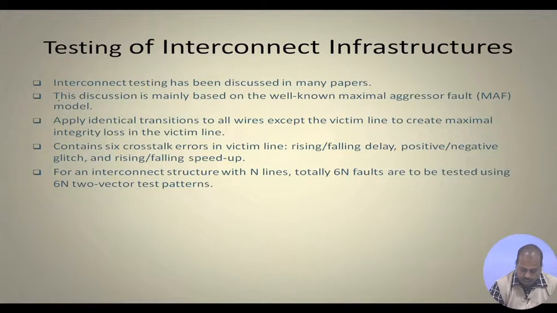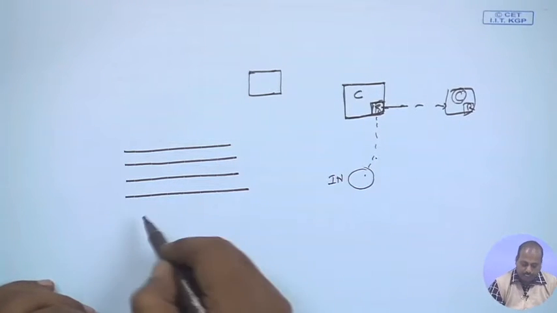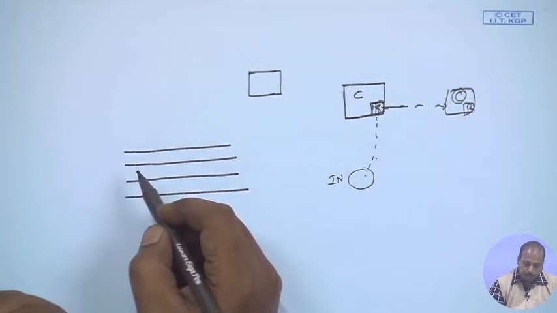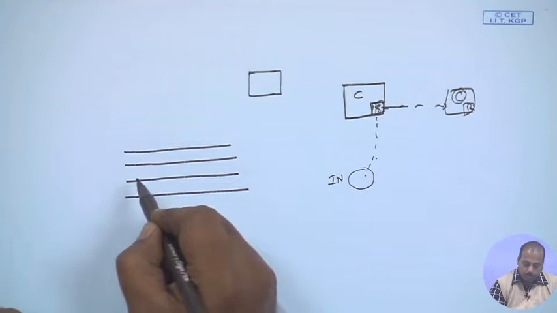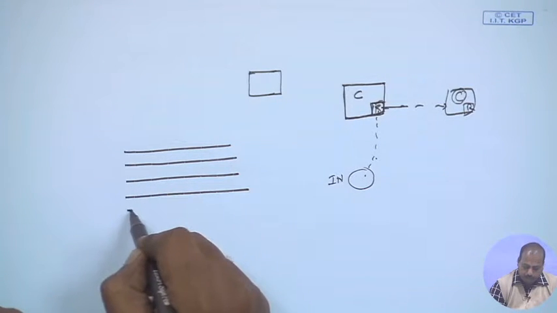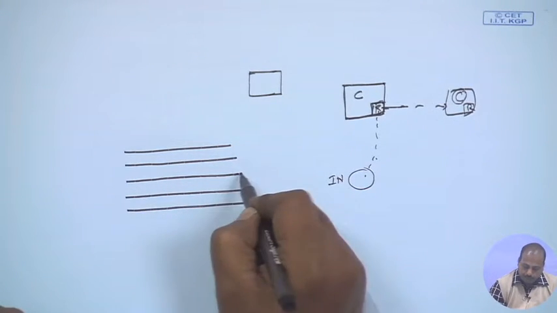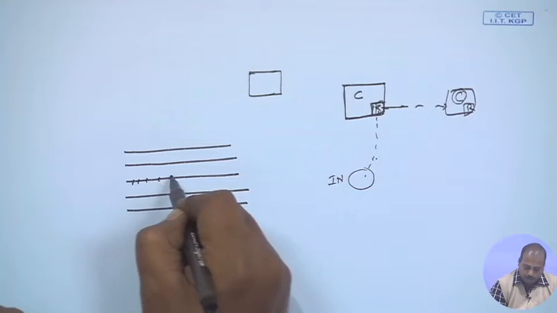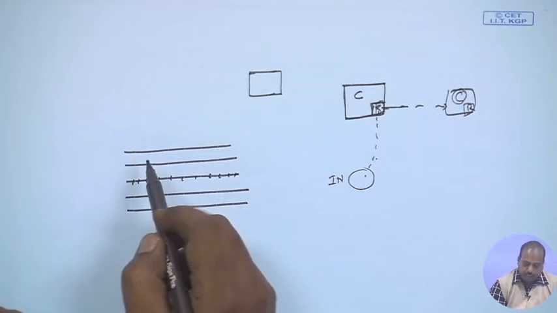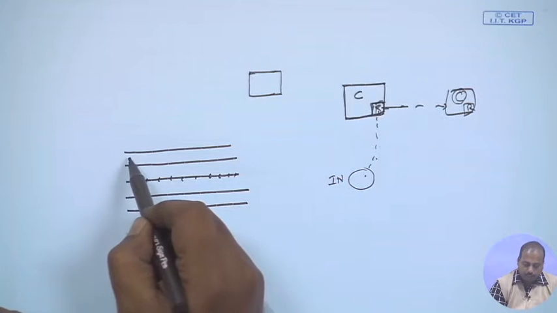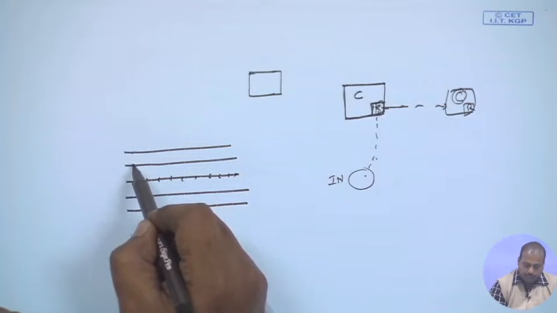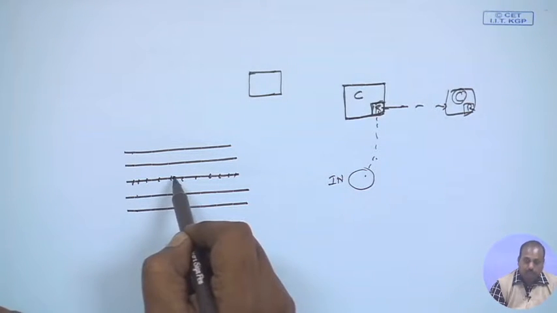Now, out of these n lines, we take one line as the victim. So, say I have 5 lines, and this is the victim line. What we try to see is whether there are transitions in the other lines, and what the effect is on this line.